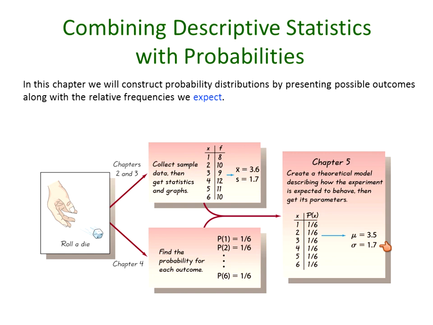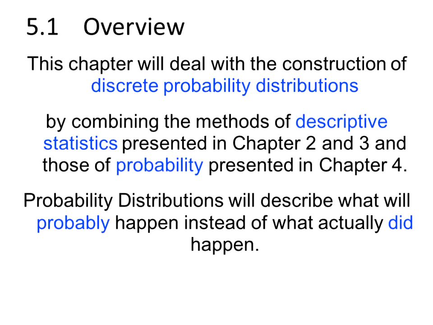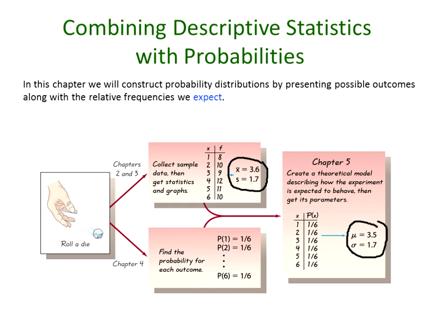Okay, now, very important, what has changed here? Look at the notation for the mean and the standard deviation. It is different than the notation we used back in chapters 2 and 3, since probability distributions are describing what will probably happen instead of what actually did happen. So we're making predictions.